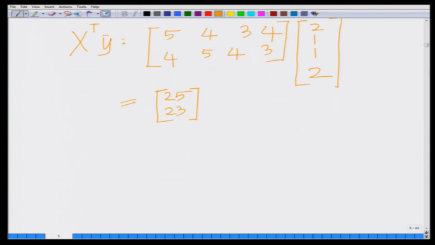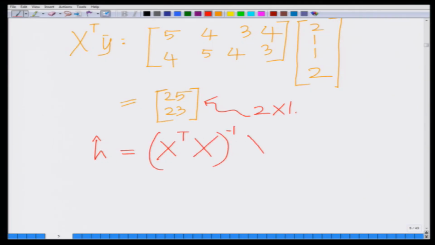This is a 2 cross 1 vector. You can all see clearly this is your m cross 1, or basically your 2 cross 1 vector. And now the channel estimate h hat equals x transpose x inverse x transpose y bar.